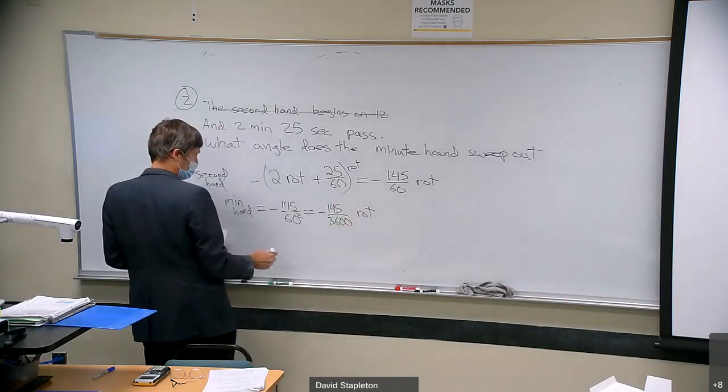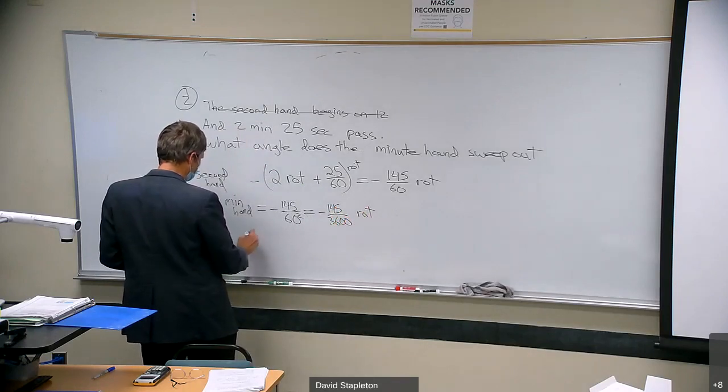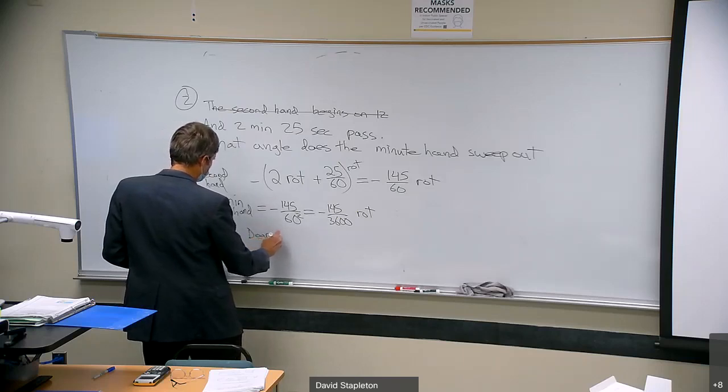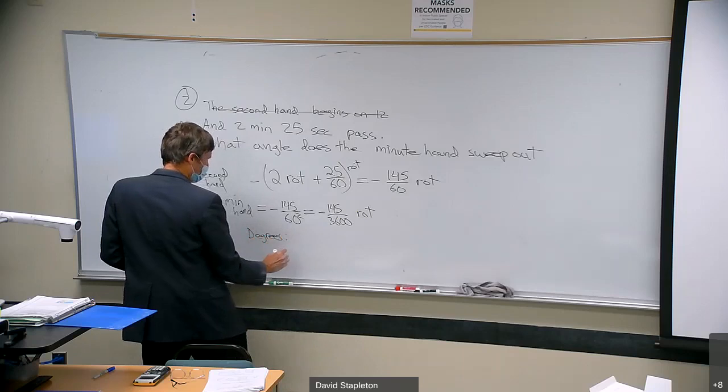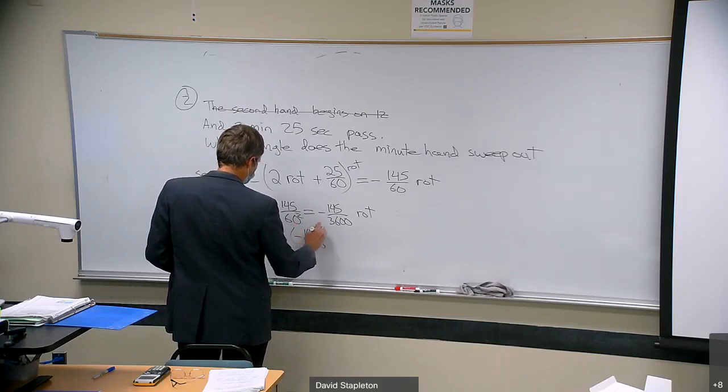Then if that's the minute hand, I want to convert that to degrees. The degrees for that would be minus 145 over 3,600 rotations, right?